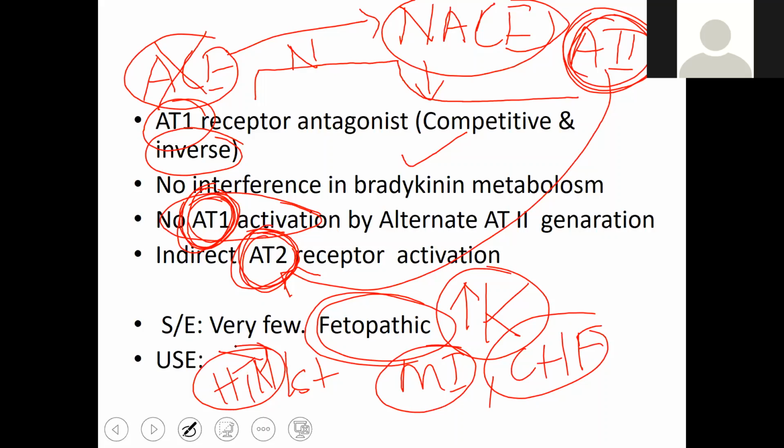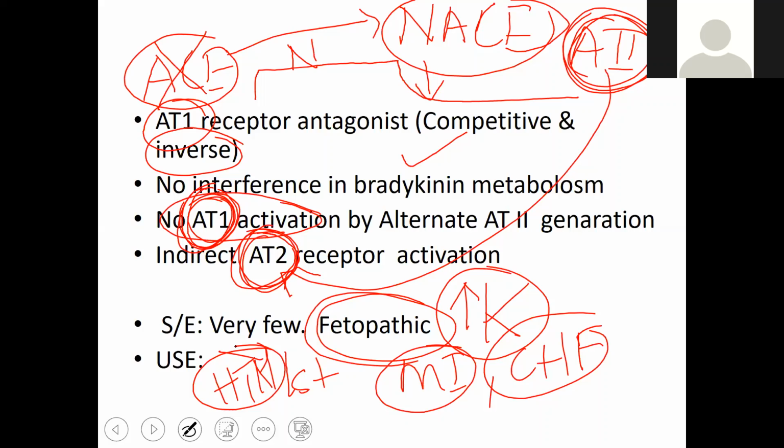So in the examination, they usually ask you as a short note, angiotensin receptor blocker, where you have to write the names, a small description about where they act, where the receptor site is, and some of the uses and adverse effects. It is the same for angiotensin converting enzyme also, but mostly you will get viva questions from this chapter.